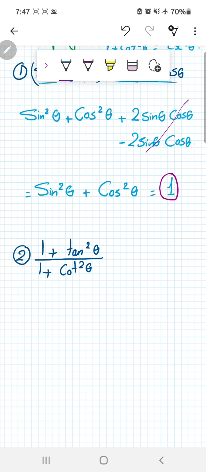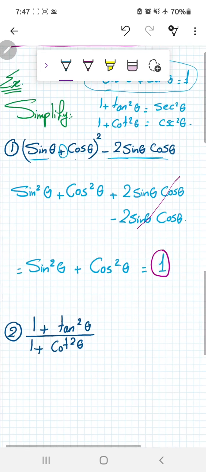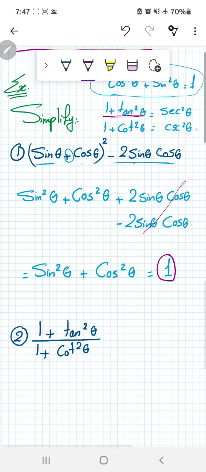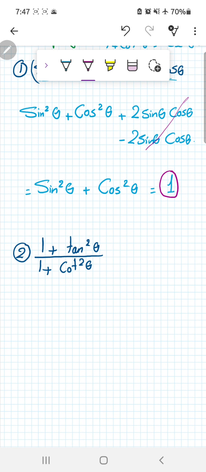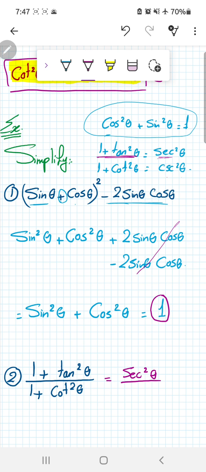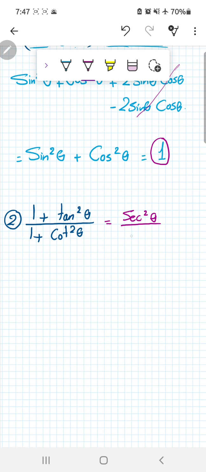Also we have the second identity, 1 plus tan squared equals sec squared. So by substitution, the numerator 1 plus tan squared equals sec squared, over 1 plus cotan squared, which is the third identity, equals cosec squared theta.